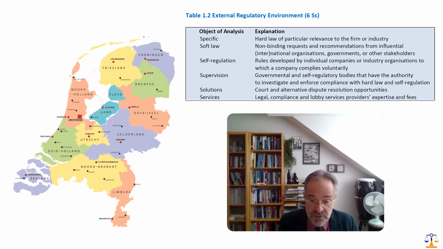Today the focus is on the Netherlands. That's the country, the market, the jurisdiction we're going to analyze. And we use this structure, the structure you see now of the 6 S's. Those were introduced in chapter 1.